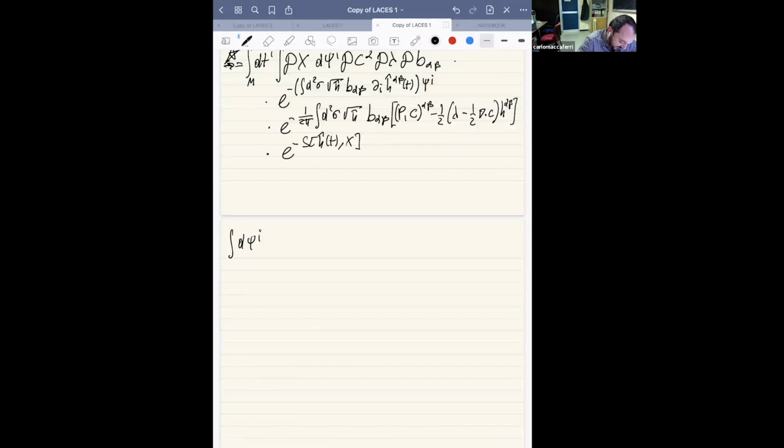So if I do this integral, essentially I bring down this factor here, the integral d square sigma square root of h hat B alpha beta d_i of h alpha beta.